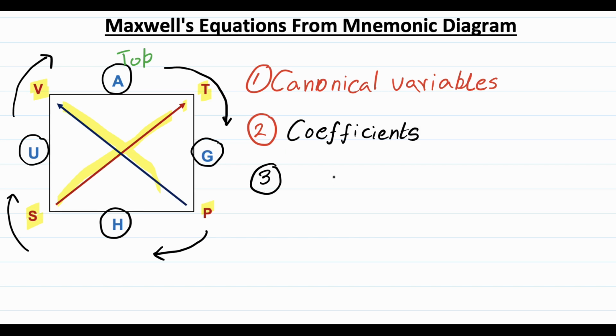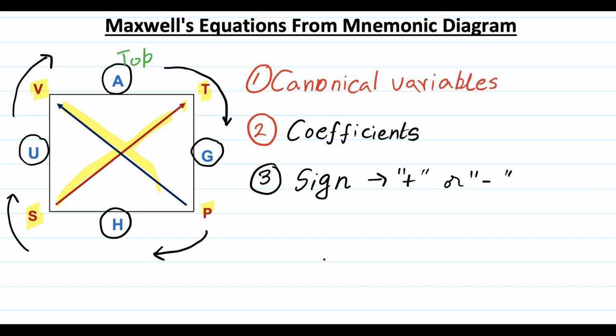The third step is to assign the sign convention. The sign convention is based on the diagonal arrow's direction. If the arrow is pointing away from the coefficient, then we give a negative sign, and if the arrow is pointing towards the coefficient, we give a positive sign.